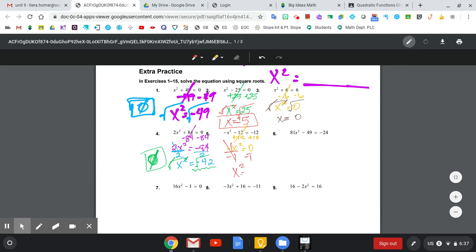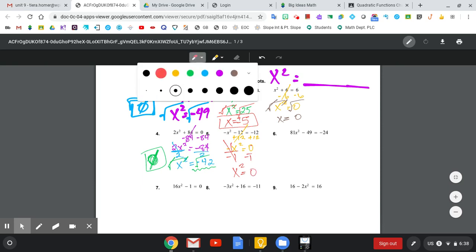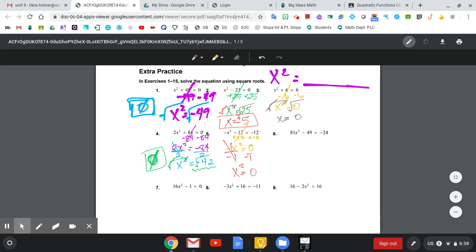So I get x squared equals, then 0 divided by negative 1, well, 0 divided by anything is 0. Then our final step, I want to get that squared off of our x, so square root both sides. So I get x is equal to the square root of 0, which is just 0.